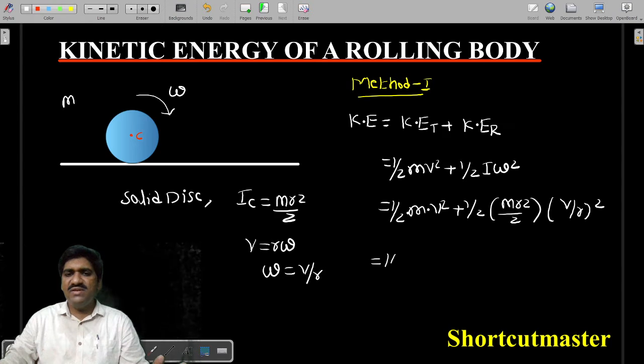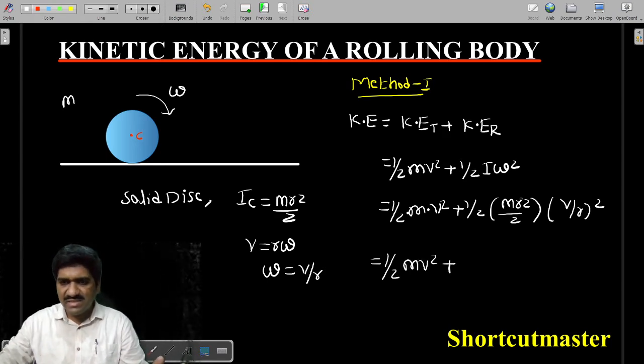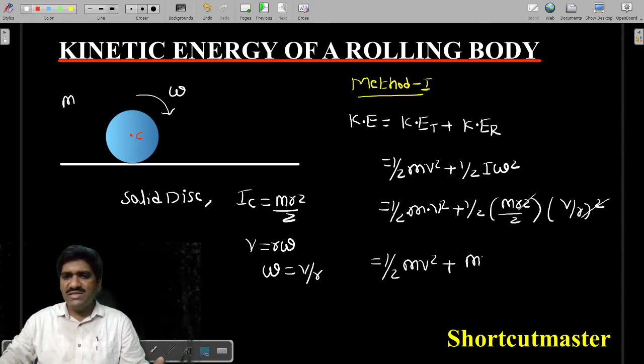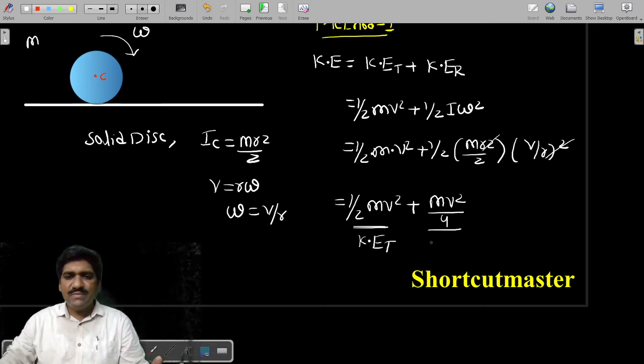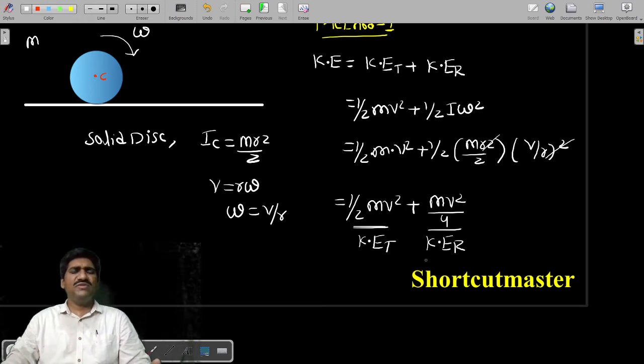Finally we get half m v square plus, cancelling r square with r square, m v square divided by 4. Please try to understand. This first term represents kinetic energy in translation, and this represents kinetic energy in rotation.